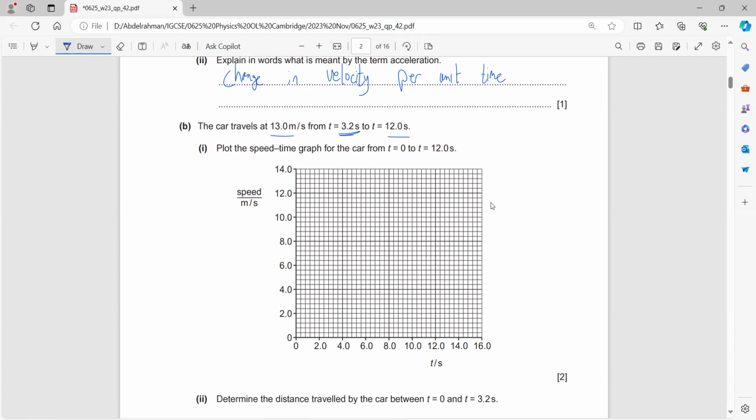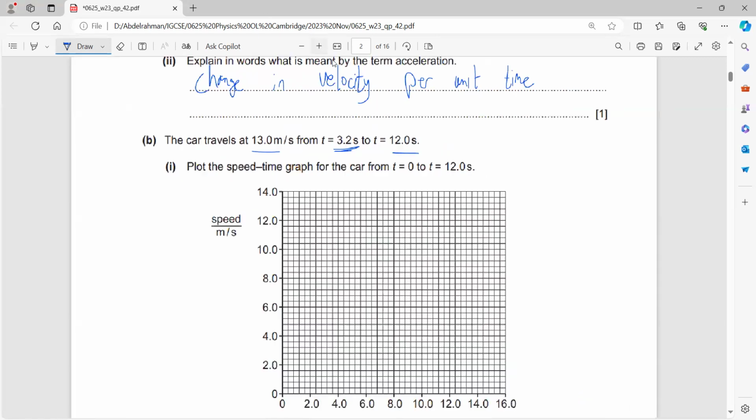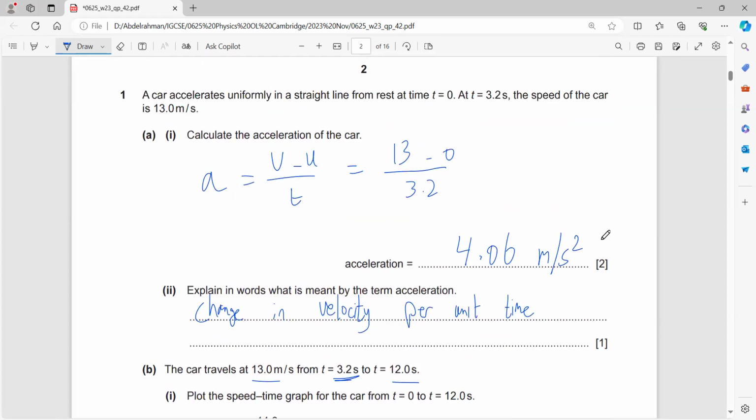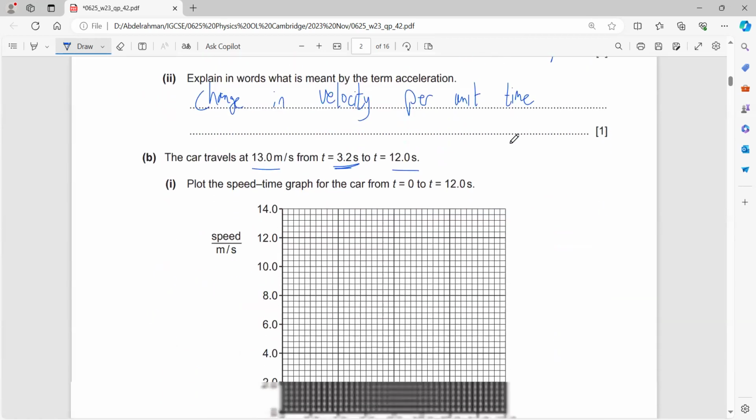Wait, so before the 3.2, it was not accelerating? Before 3.2, what was happening to the car? It was accelerating. It took 3.2 seconds to reach a speed of 13 meters per second.